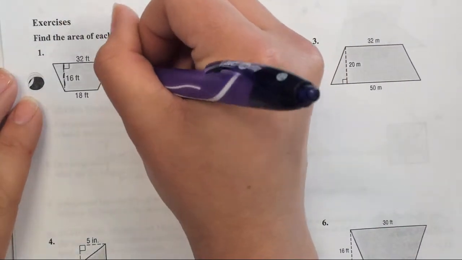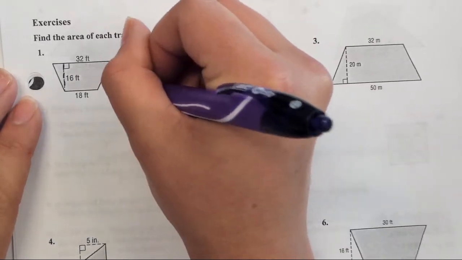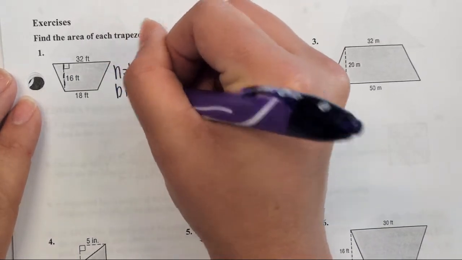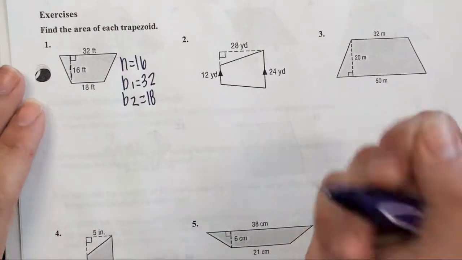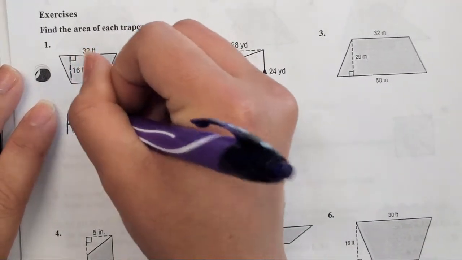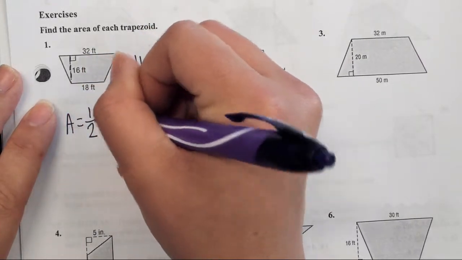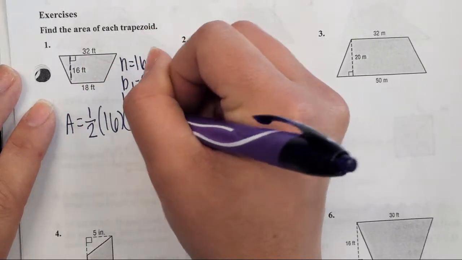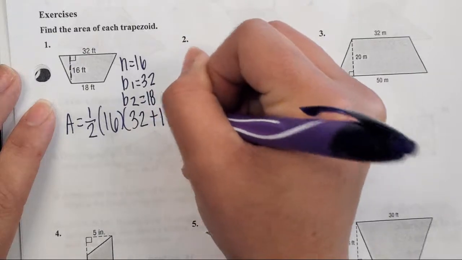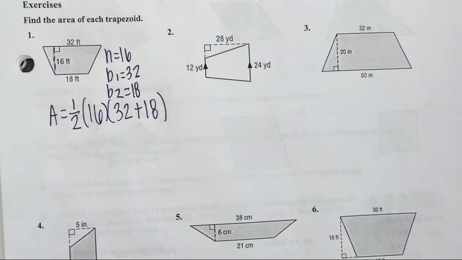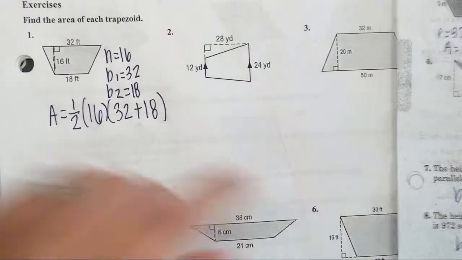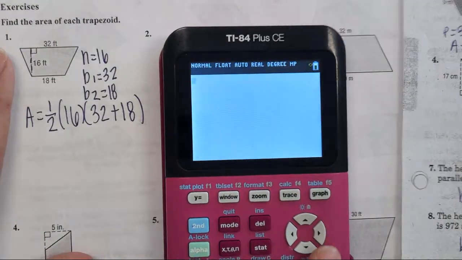So, in this case, our height is 16. What's one of your bases? 32. What's the other base? 18. Is it okay if I switch those? If you want to. A equals 1/2. Your height is 16. Add your bases together. Now, if you want to be technical, PEMDAS tells us we have to add our parentheses first.